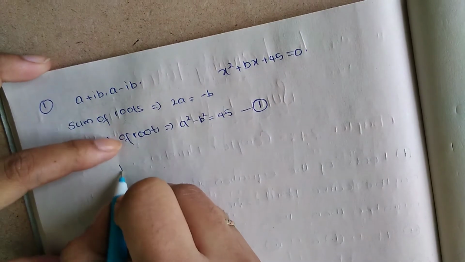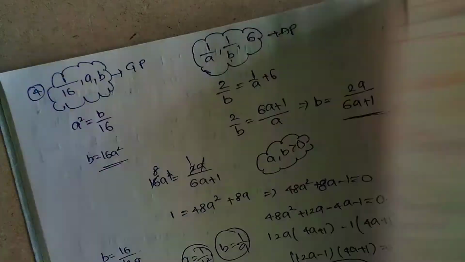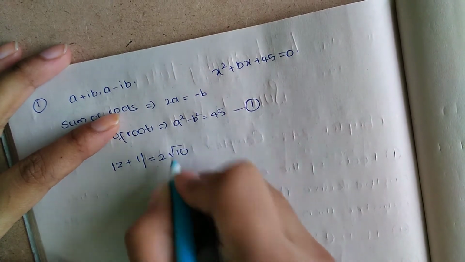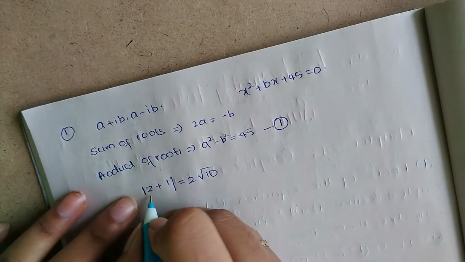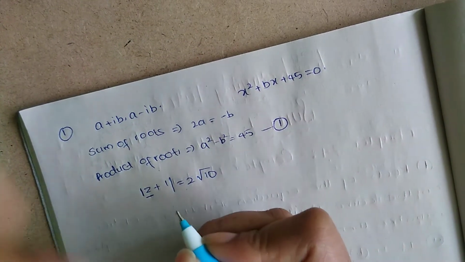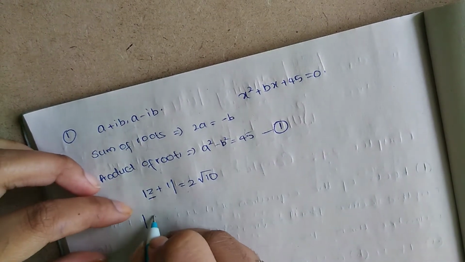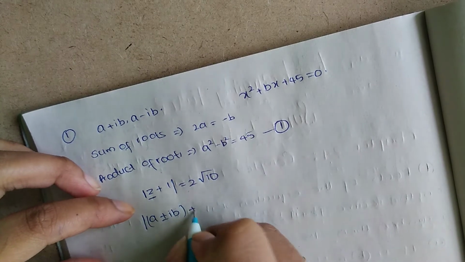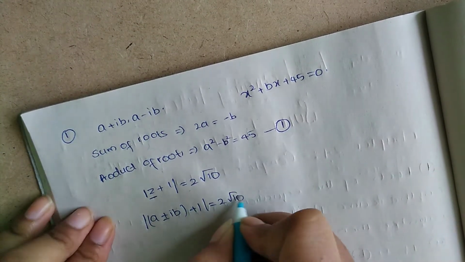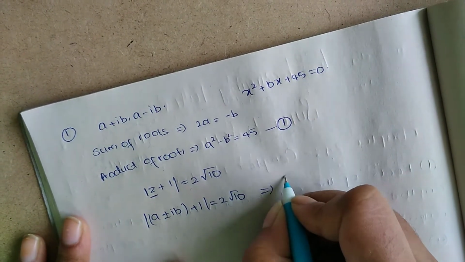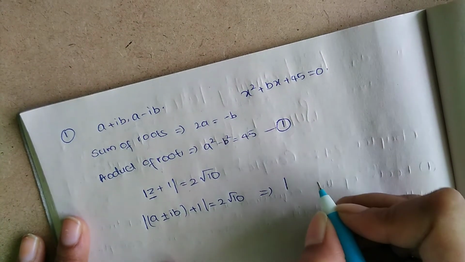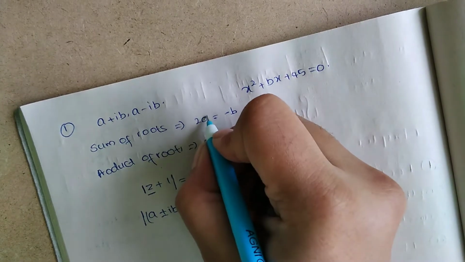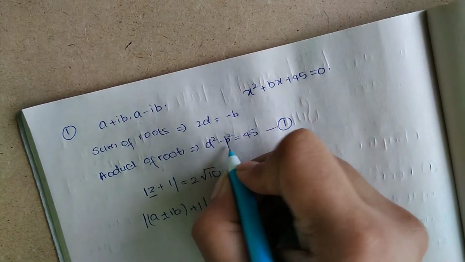And in the question they gave mod of z plus 1 is equal to 2 root 10. Now in place of z, put its roots, a plus minus ib, plus 1 is equal to 2 root 10. Alpha and beta are the roots, no?